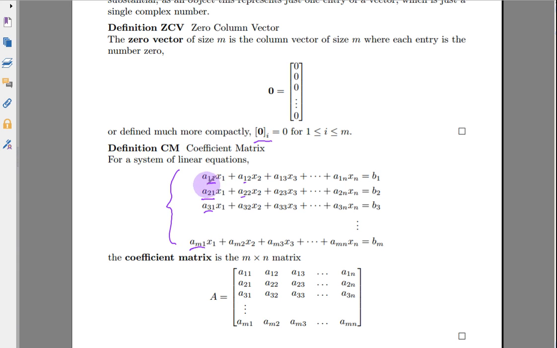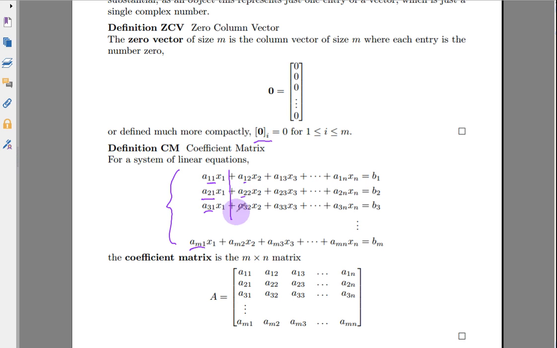See, the first index here indexes the row. The second index indexes the variable, which is also indicated by the column. Look at how this works. a11 x1, a12 x2, and so on up to a1n xn. a21 x1, a22 x2, and so on up to a2n xn.